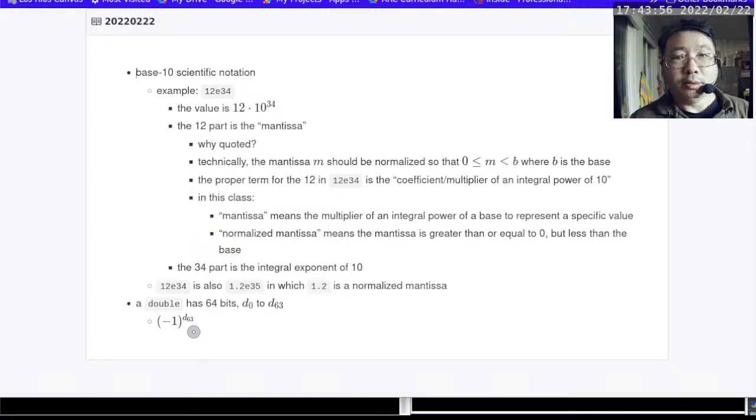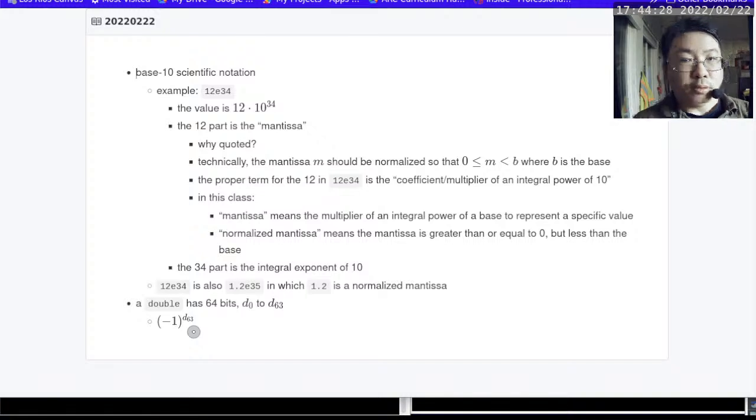Well, since D63 is just a single bit, it's either 0 or 1. -1 raised to the power of 0 is 1, because anything raised to the power of 0 is 1. But -1 raised to the power of 1 is -1 itself. So this is a kind of tricky, mathematician sort of way to determine whether we are multiplying the rest with -1, or with just 1.